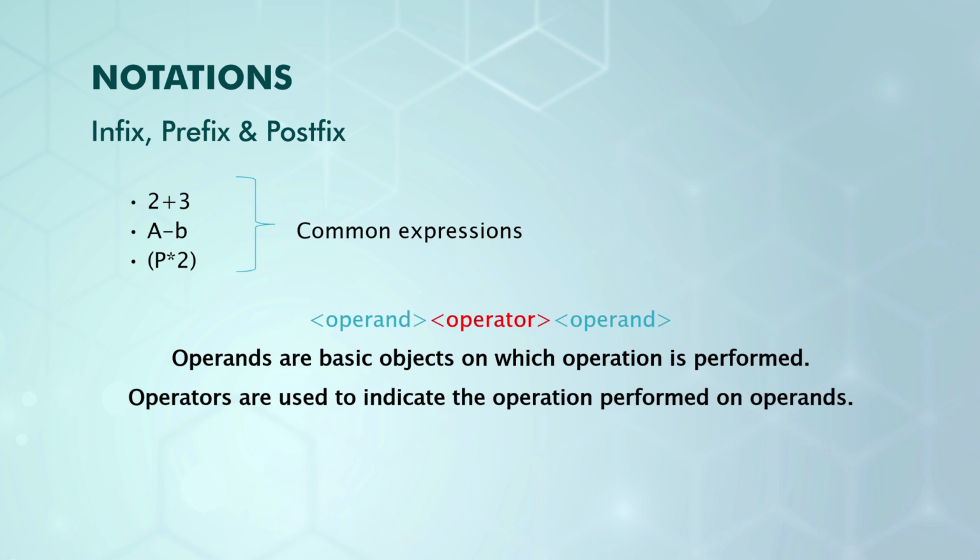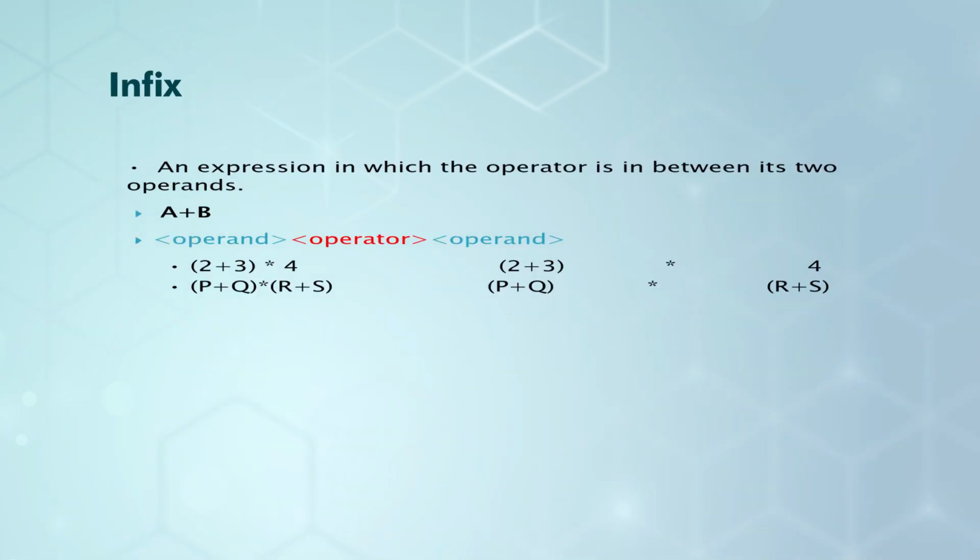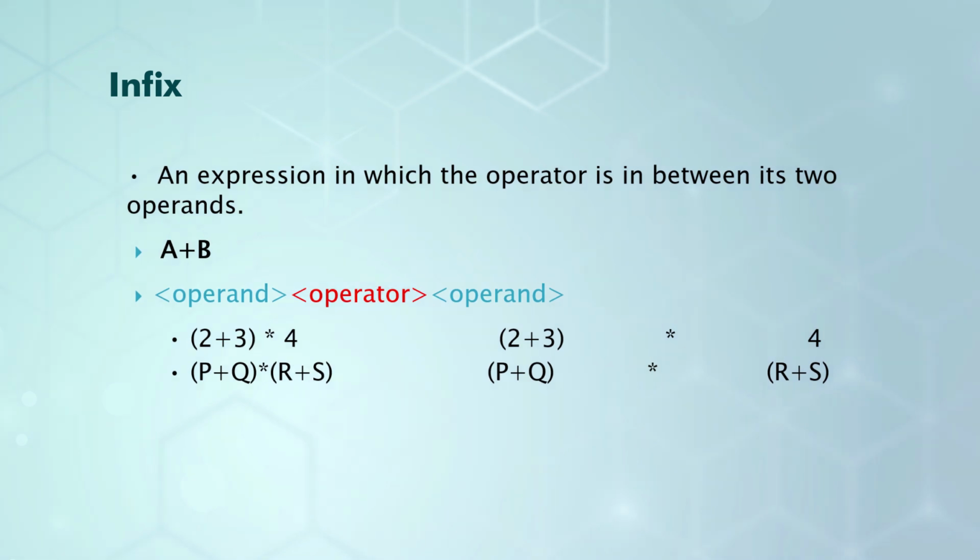Operators are used to indicate what operation is to be performed on which set of operands. In infix expression, the operator is present in between two operands. For example, A plus B, where A and B are the operands and plus is the operator. Operator is present in between A and B.